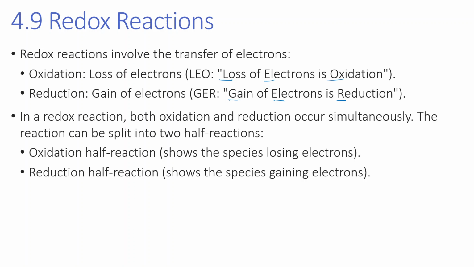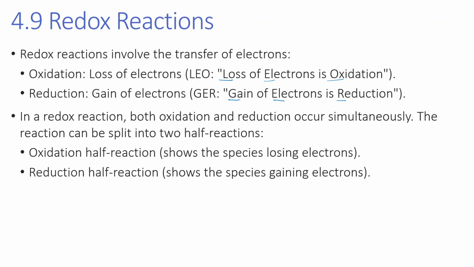Now in a redox reaction, both oxidation and reduction occur simultaneously. So this means that the reaction can be split into 2 half reactions. The oxidation half reaction shows the species that is losing electrons, and the reduction half reaction shows the species that is gaining electrons.